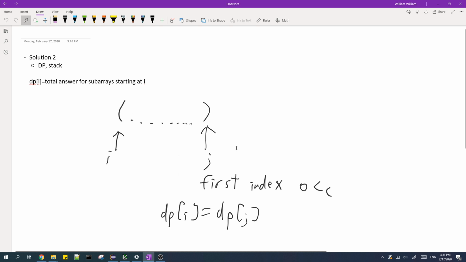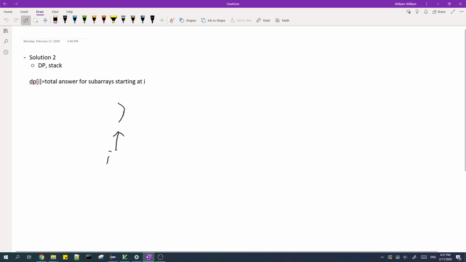Okay, now the next case is when I is a closing parenthesis. Obviously, for any subarray which starts at I, we're going to need to change it. There are a total of n minus I subarrays which start at I. For each of those subarrays, we need to increase the answer by 1, because of this index which always changes in all of the subarrays.